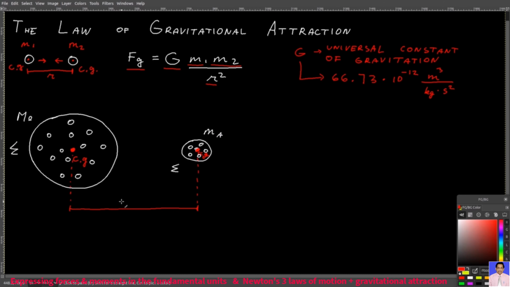The distance between these two centers of gravity is r, so the force of gravity between the Earth and object A is Fg equals the universal constant of gravitation times the mass of the Earth times the mass of object A divided by r squared, thanks to our constant density assumption.